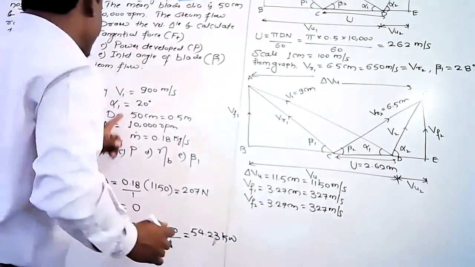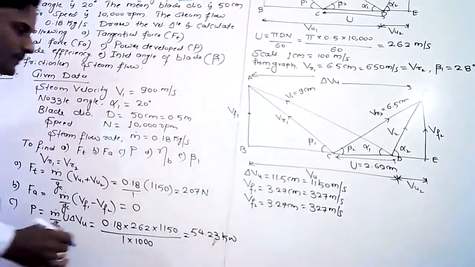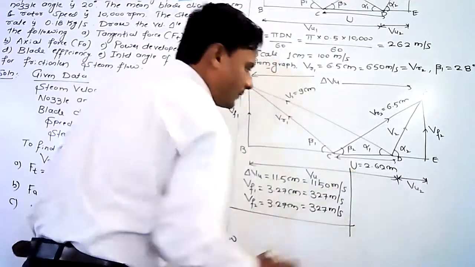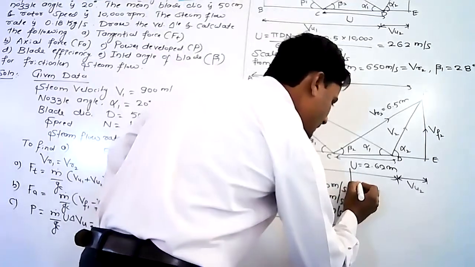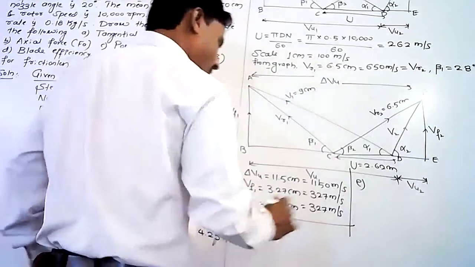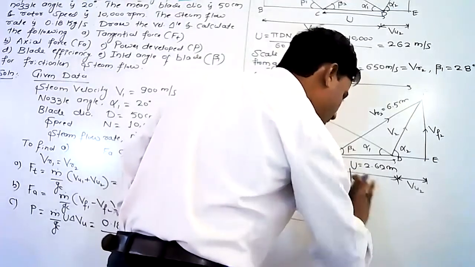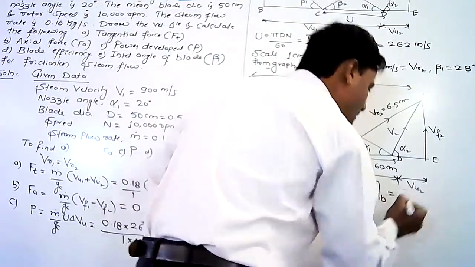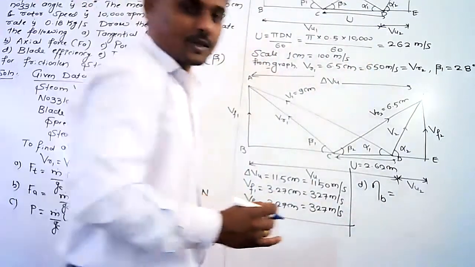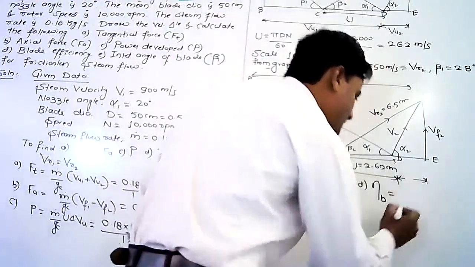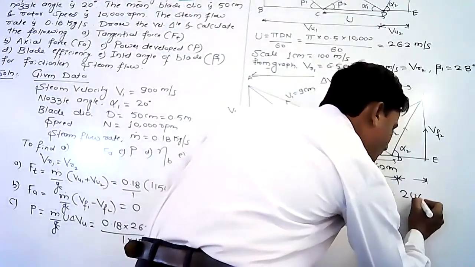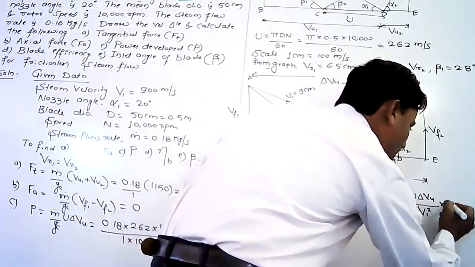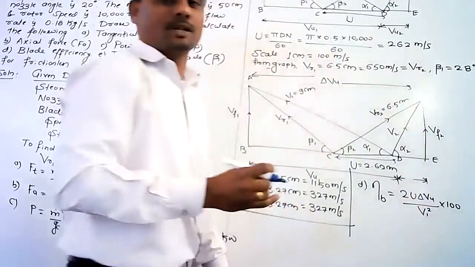Now the next bit is the fourth bit, blade efficiency. The formula for blade efficiency is 2u delta Vu divided by V1 square, and of course we multiply with 100 to get the efficiency in terms of percentage.